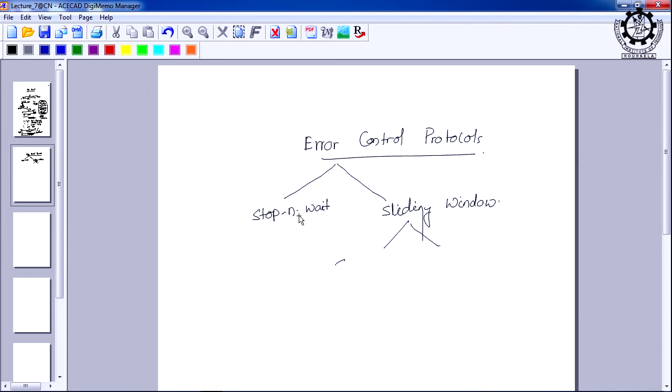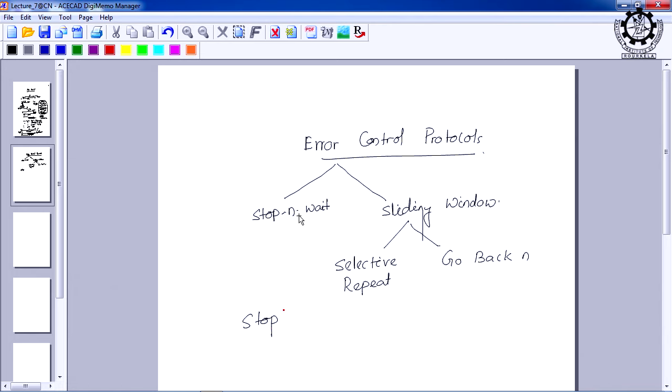One is selective repeat and another is go back N. So, these are the different error control protocols that support the DLL to maintain the transmission without any error.